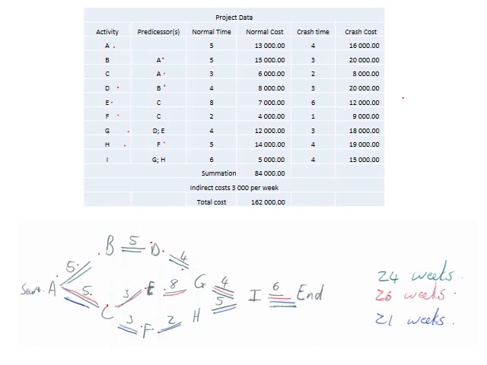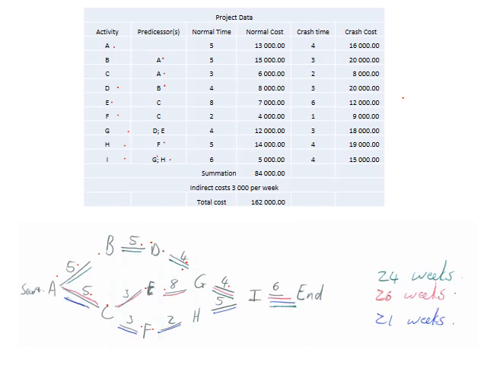Then we've got I, which is preceded by both G and H, sorry, G and H. Then you just put in the durations there, and it's fairly straightforward.